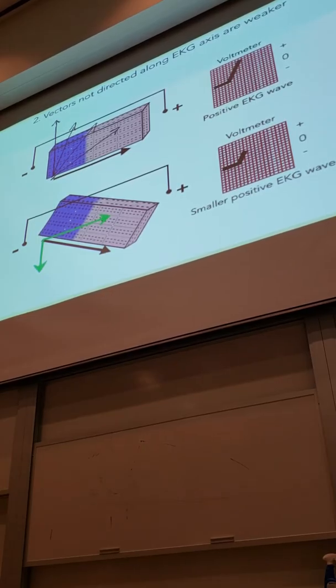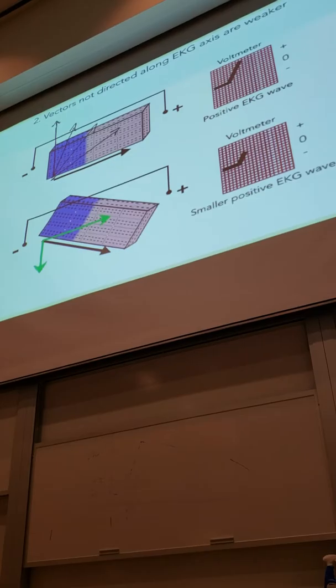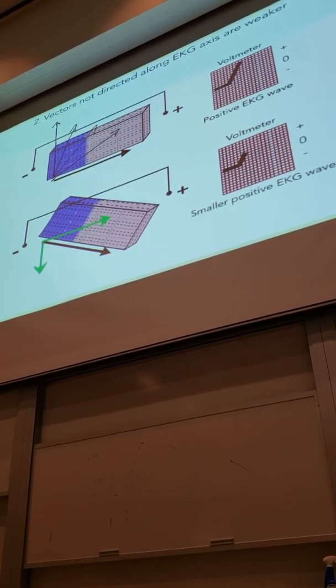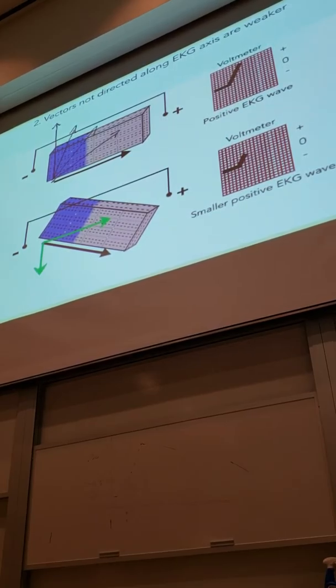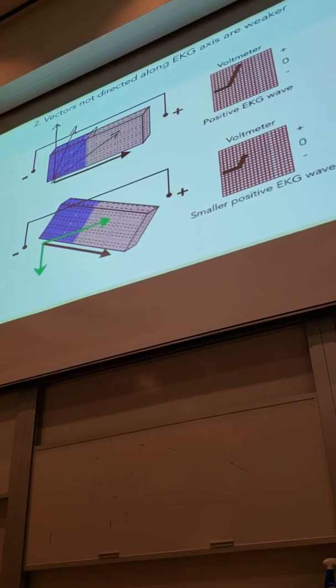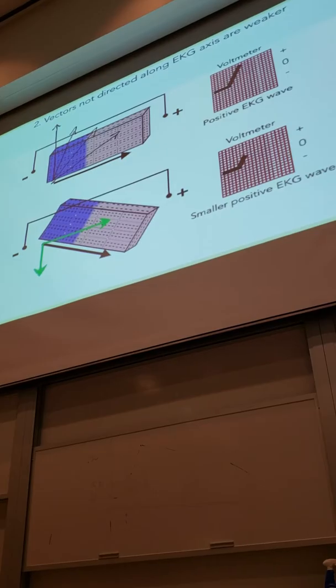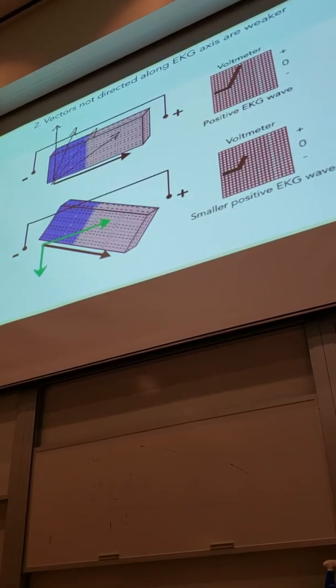So if the wave of depolarization is traveling perpendicular to the axis of the EKG, you see absolutely nothing. So EKG has the ability to see electrical movements, electrical waves, so long as they are at least a little bit pointed in the direction of or away from an electrode. But if it's perpendicular, it's invisible.